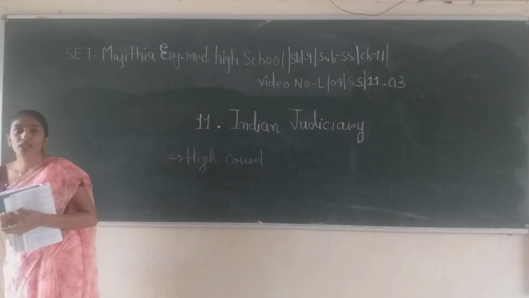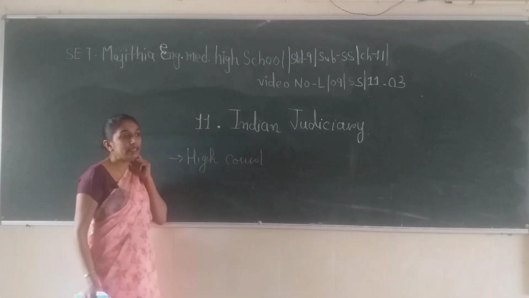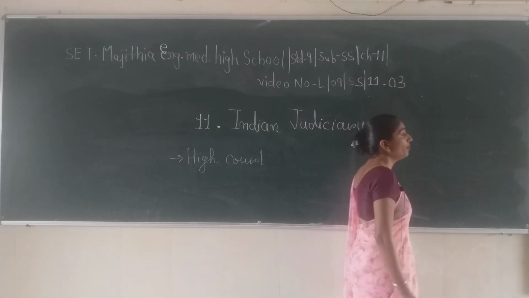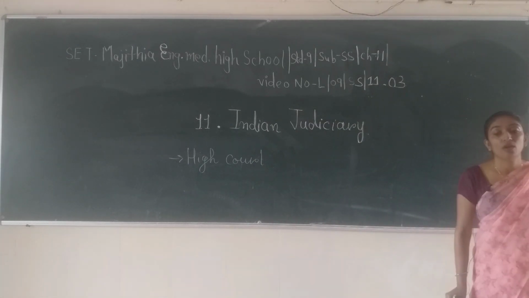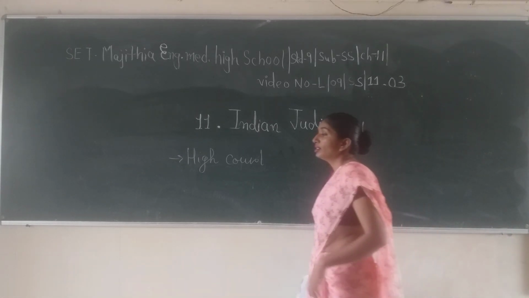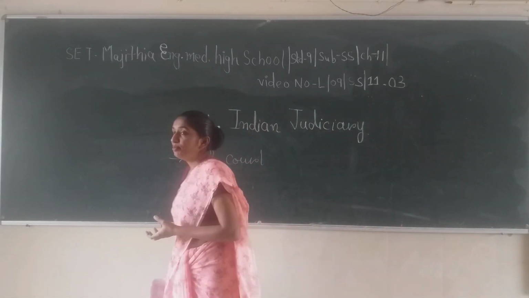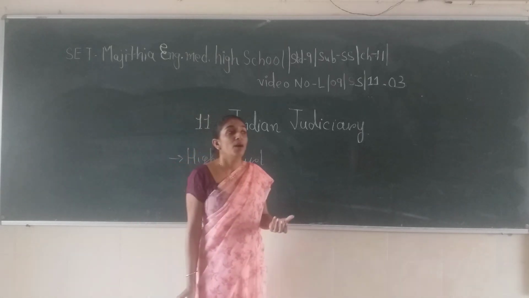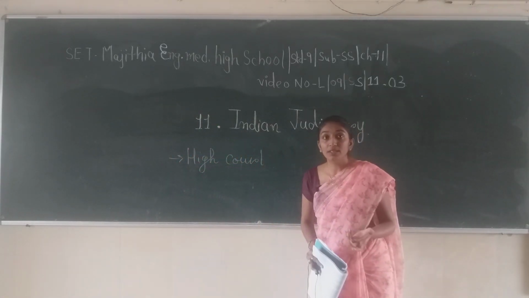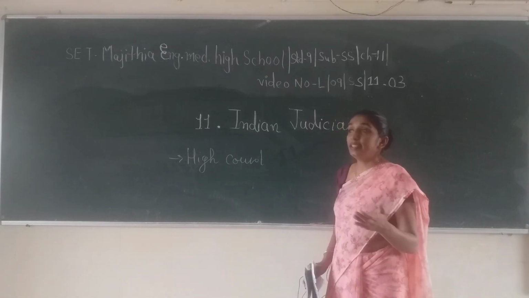Formation. How are judges chosen? Basically, it is chosen by a President, but he takes help of the Chief Justice of Supreme Court. He even takes suggestions from cabinet ministers and the prime minister also. He takes help of the governor also, the state governor.